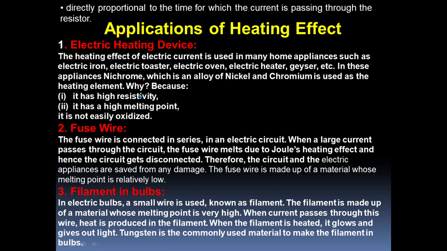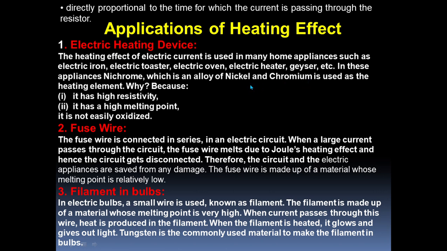Why? Because it has high resistivity. Second point is it has a high melting point. Then the last one is it is not easily oxidized. So, three important points. Which metals behave like a heating element? Nickel and chromium.